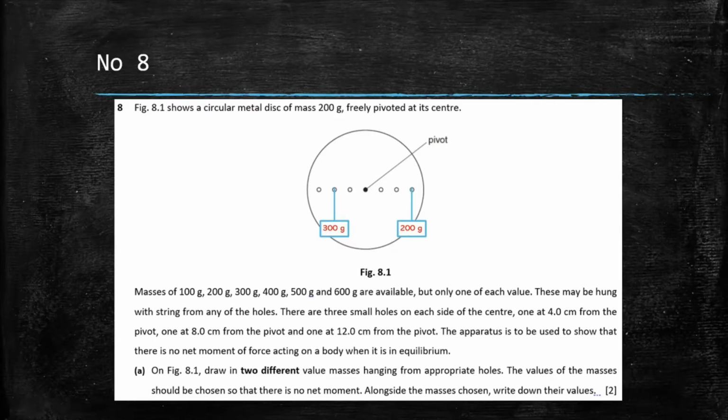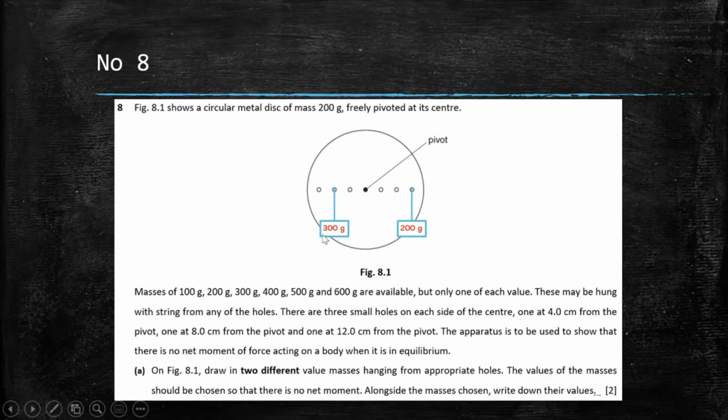And also, you have to remember, you are only allowed to put one mass on each side of this center. If you put both masses on the left side or both masses on the right side, you will not reach equilibrium condition.